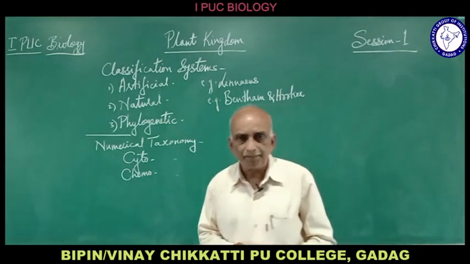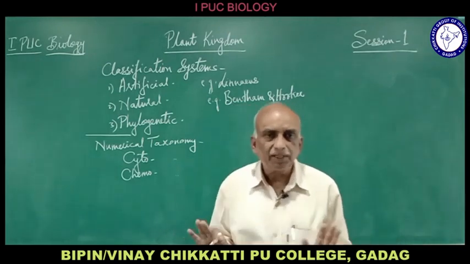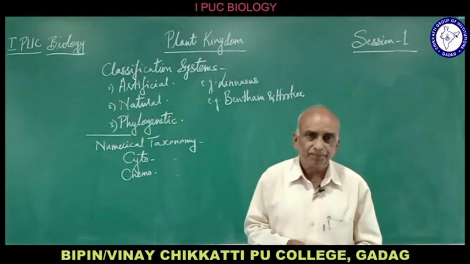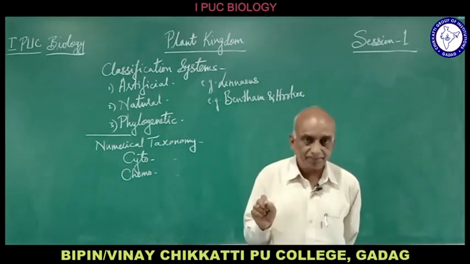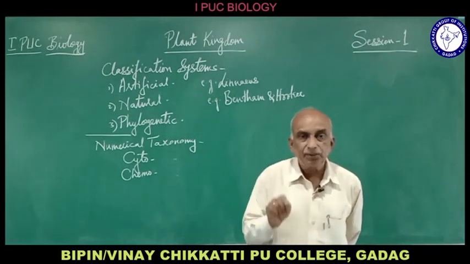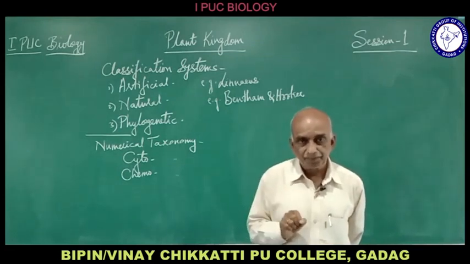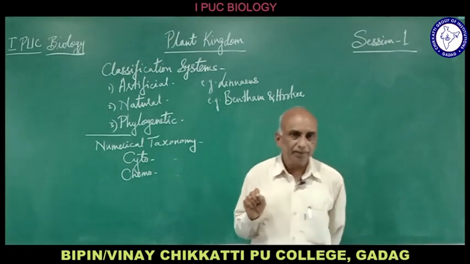Now for example, we are not bothered about the other characters, only chromosomes. In human beings, the chromosome number is 46. Each cell contains 23 pairs of chromosomes. So this is basically what we know.